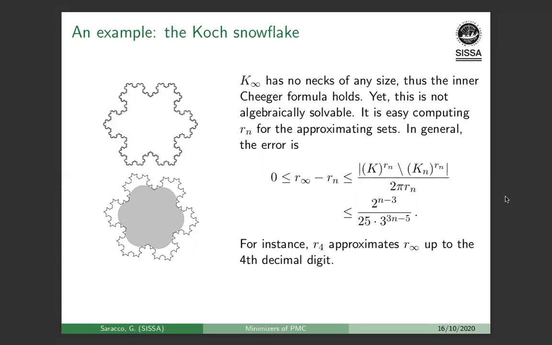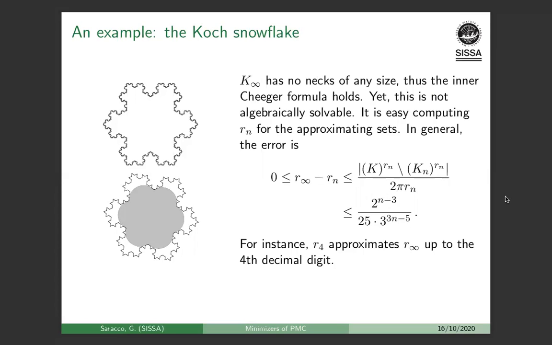But the good thing is that the approximating sets of the snowflake from the interior are actually polygonal, and you can write, I'm not saying that it's easy, but you can write and actually solve the inner Cheeger formula for these polygonal approximations.